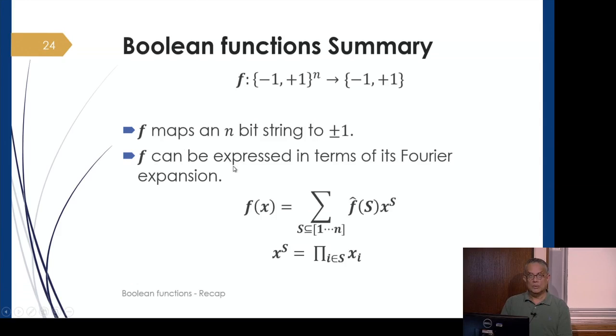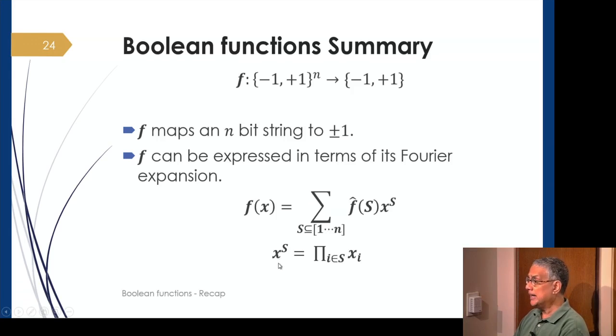We also know that its Fourier expansion can be written like this. Just to remind you again, there's a whole lecture, so I won't go into the details. The term x sup S is the product of all the member elements xi of that particular subset that we care about.